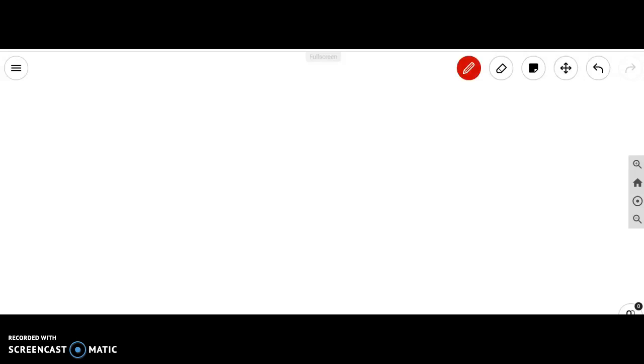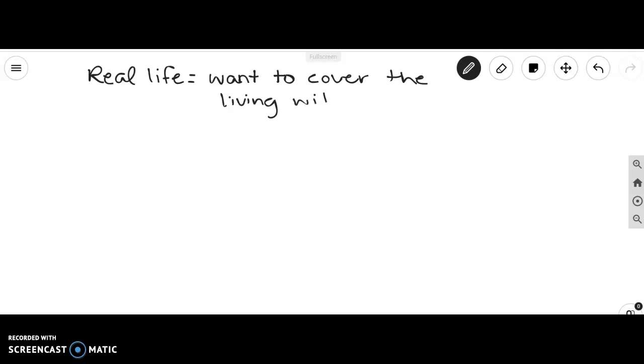So here is my real life situation, and it's that my family wants a rug. They want to cover the living room with a rug. Okay, so we need to find the area so that we can buy a carpet that size.